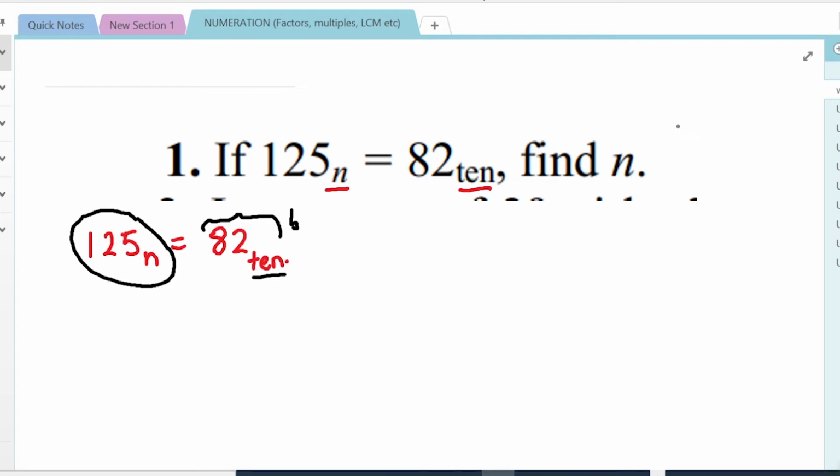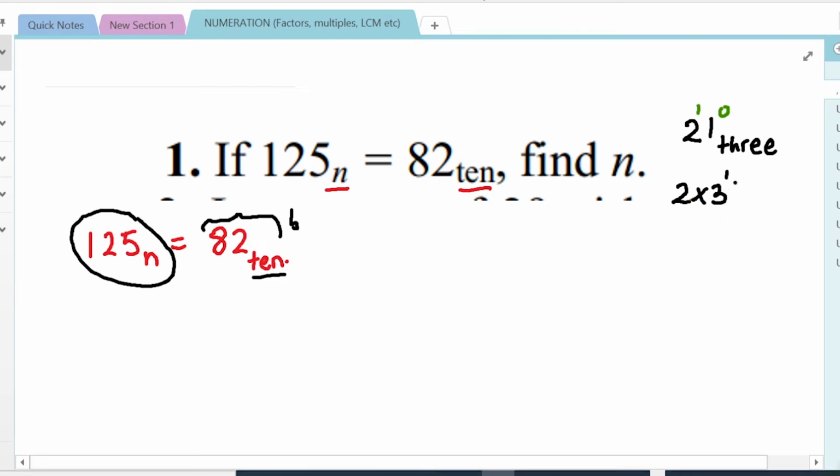Now, if you've been told 2 1 base 3, let me just do this as side work. Converting 2 1 base 3 to base 10, you would say it's going to be 2 times 3 to the power, of course you assign these powers, this is to the power 0 and that is to the power 1. So this becomes 2 times 3 to the power 1 plus 1 times 3 to the power 0.